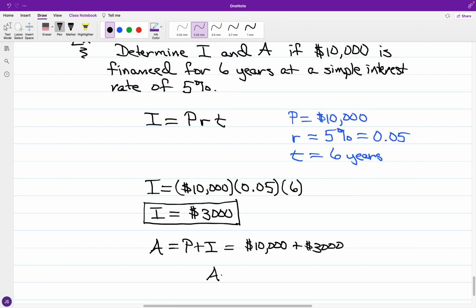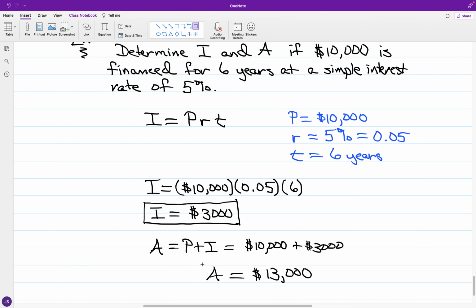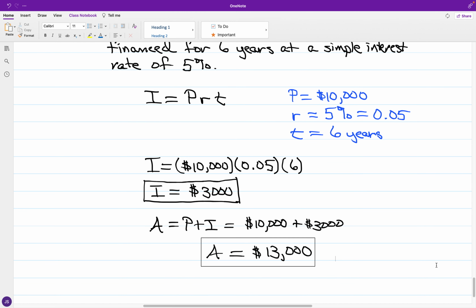Adding together, the future value A will be $13,000. All right, so that is simple interest.